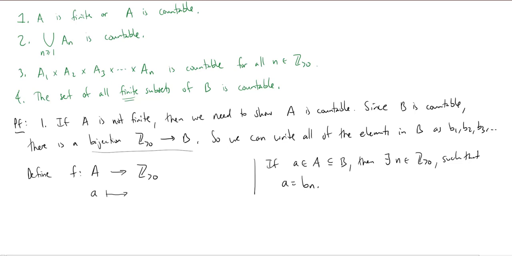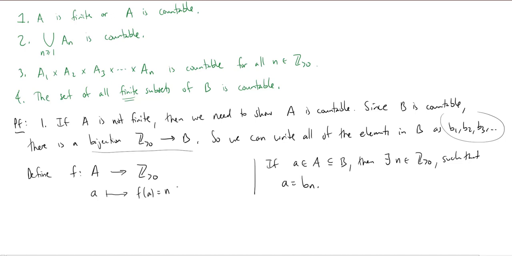If a is in A, then it's in B. And if a is in B, then it's one of the items in this list. Okay, so it looks like b sub something. Okay, so maybe b sub n. So in that case, we define f of a to map, well, of course it's f of a, but what are we going to map it to? We're going to map it to, not b sub n, but just the n. We just take the index.